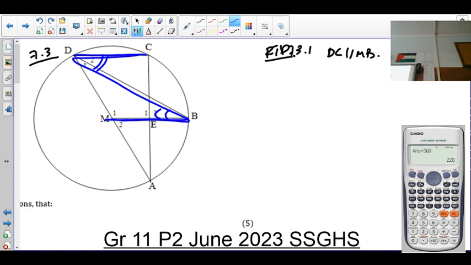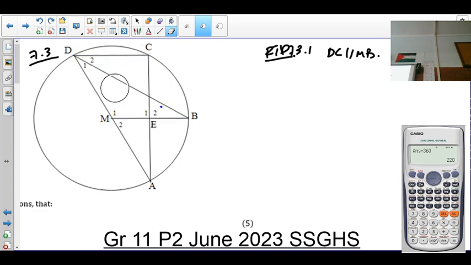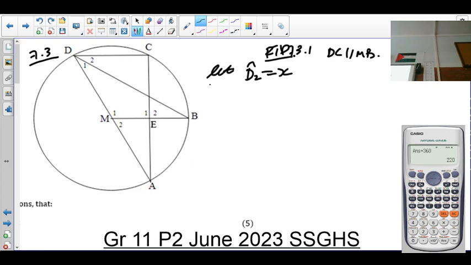So we start off by letting D2 equal X. If D2 is equal to X, what do we know? D1 has to be equal to X. Why is D1 equal to X?